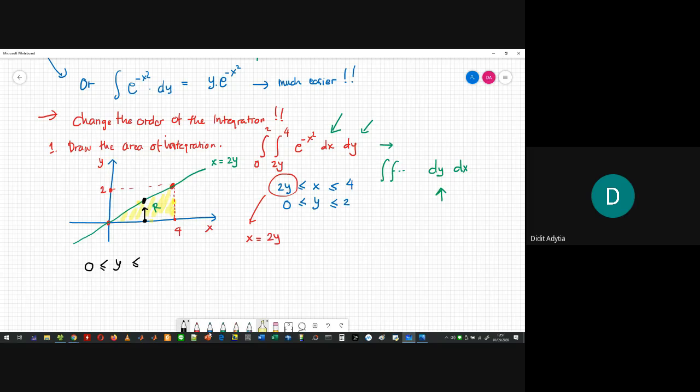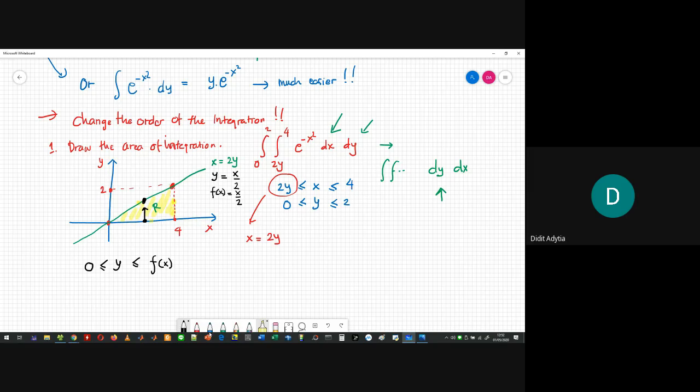This line means, remember, we should write it down as a function of x. This is not a function of x. The function of x is y equals x over 2.